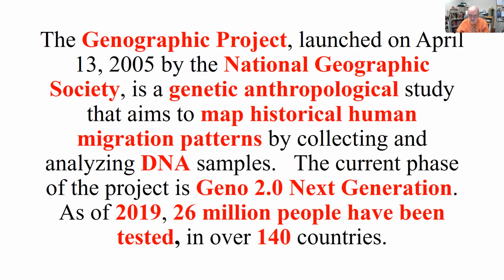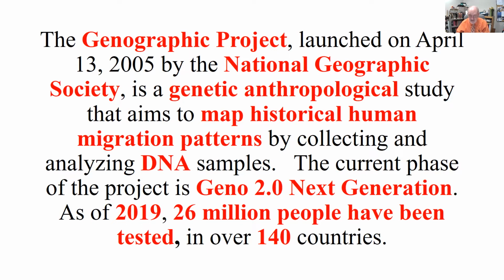The Genographic Project, launched on April 13th, 2005 by the National Geographic Society, is a genetic anthropological study that aims to map historical family migration patterns by collecting and analyzing DNA samples. The current phase of this project is called Geno 2.0, Next Generation.